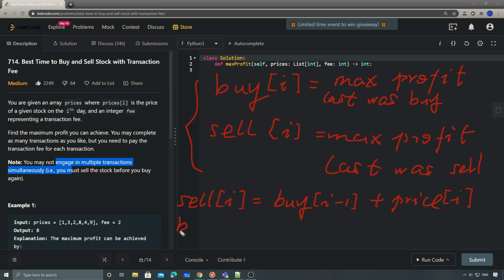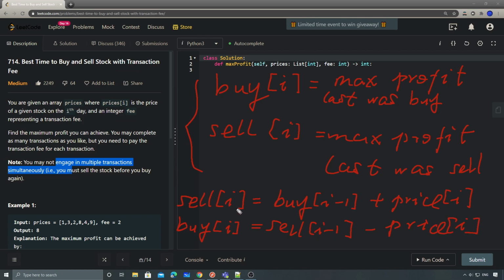And similarly for buy. To buy the stock, we have to somehow sell the stock first before we can buy it again. That's why we have sell[i-1], and then we decrease the price of the current one.